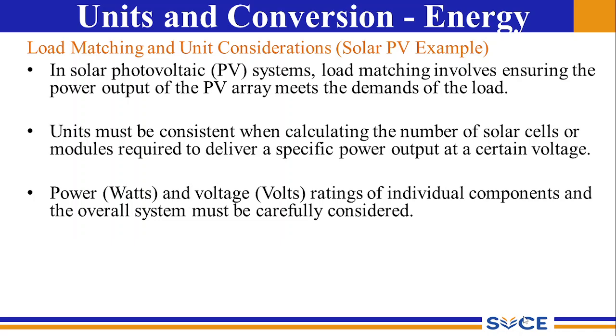Or if you want a more powerful system at the same voltage, you can have the system in parallel. That's why we have two terminologies: one is your specific power output and the other is voltage. These should be matched exactly depending on the power rating of your particular panel.